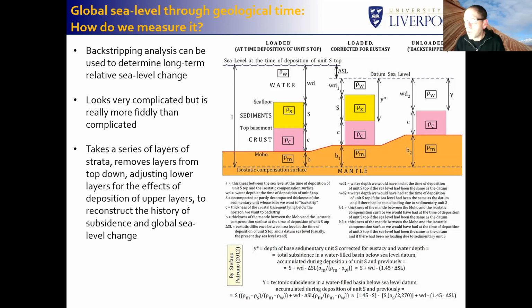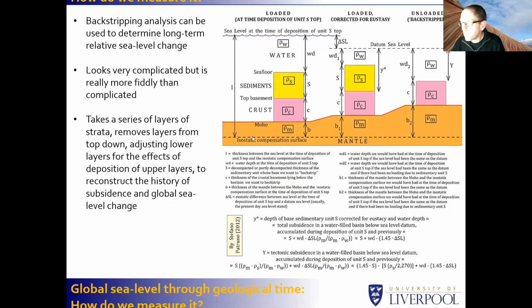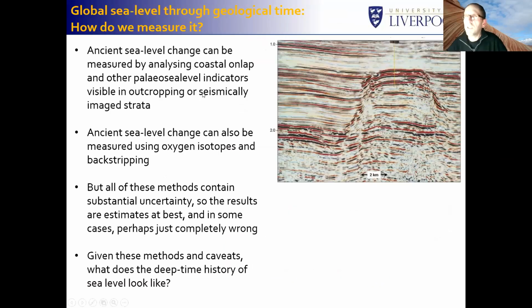So we've got several ways we can reconstruct sea level history from deep time records. We've got coastal onlap, which we can see in outcrops or seismically imaged strata. We've got oxygen isotopes and backstripping, right, which we can also use to determine ancient sea level.